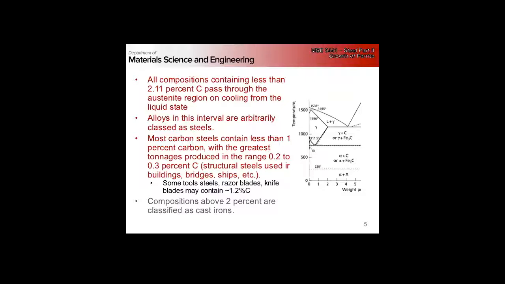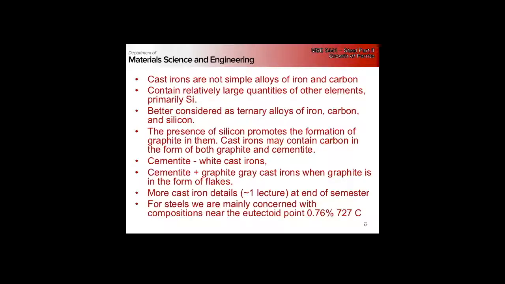And anything above 2% we're going to call cast iron, right? And these cast irons are not really simple alloys of just iron and carbon. They typically contain relatively high quantities of silicon and other alloying elements, and they're really best analyzed as ternary alloys rather than iron carbon by itself.